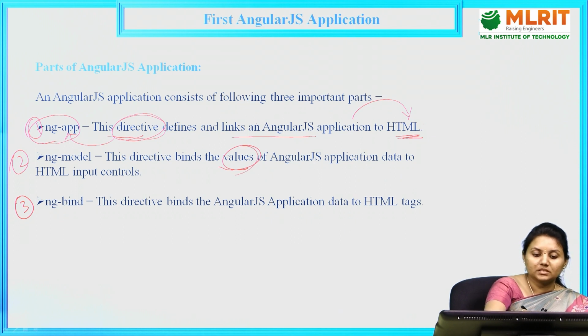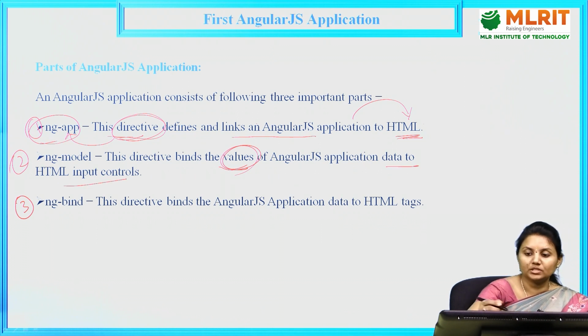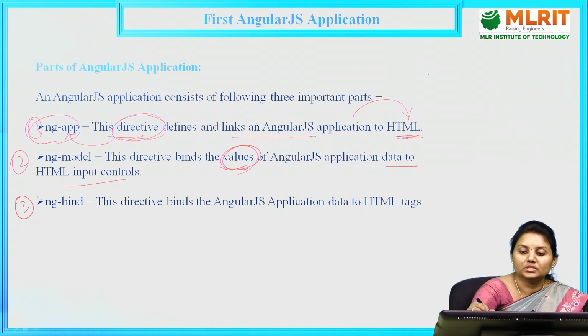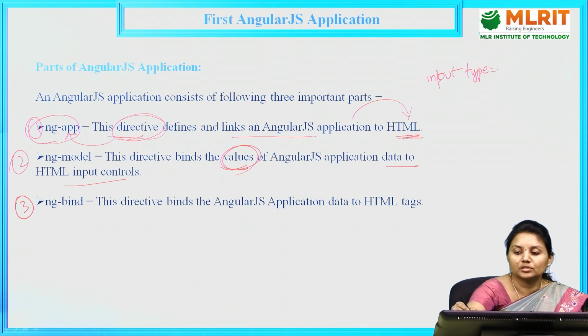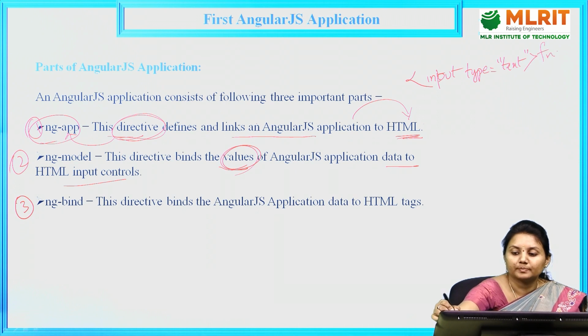This binds the values of application data to HTML input controls. That means, suppose you are using an input tag, we write input type equals text, and a first name. So what is this?